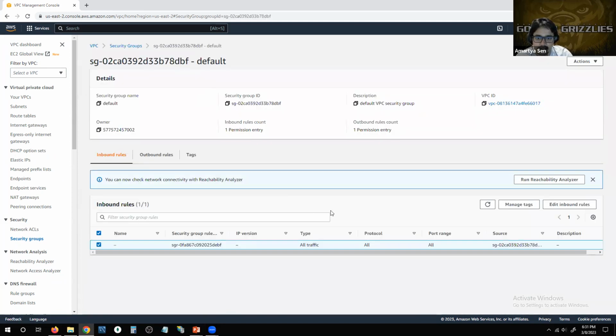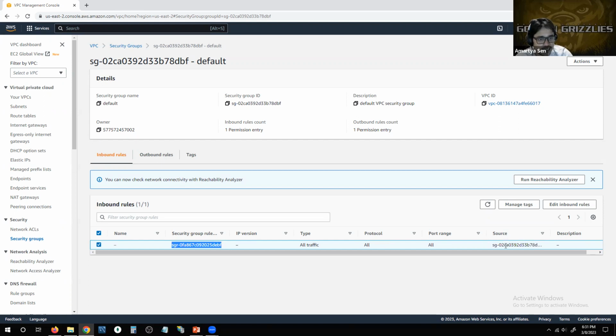If we go there, we will notice it's always about what the source is that is going to communicate. This is where we are in the inbound rules, right? The destination is always whatever component lies within the security group. The source is what is trying to communicate. Here you can see that the source is the security group itself.